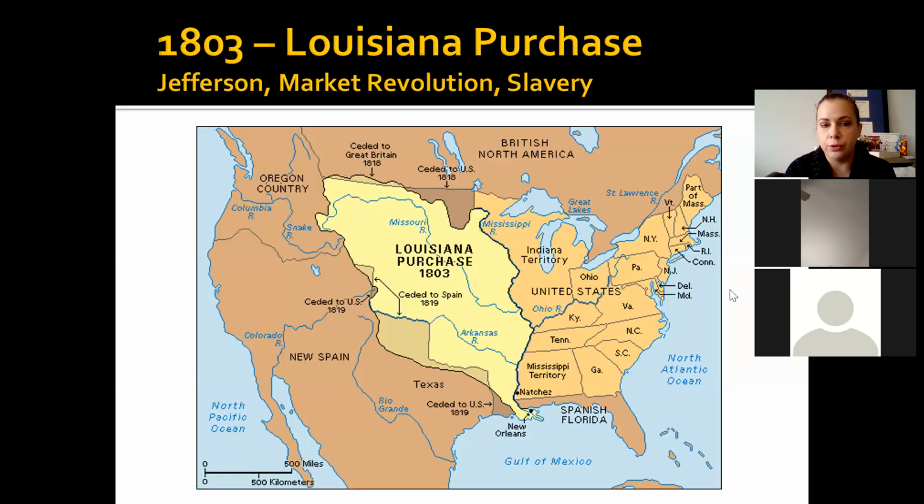So the Market Revolution is one of the first industrial revivals in the United States, where we see an emphasis on inventions that are going to redefine the country. During the Market Revolution, we see the creation of the cotton gin. Now, remember, the cotton gin makes it easier to separate cotton seed from the actual fiber that they use to make cloth.